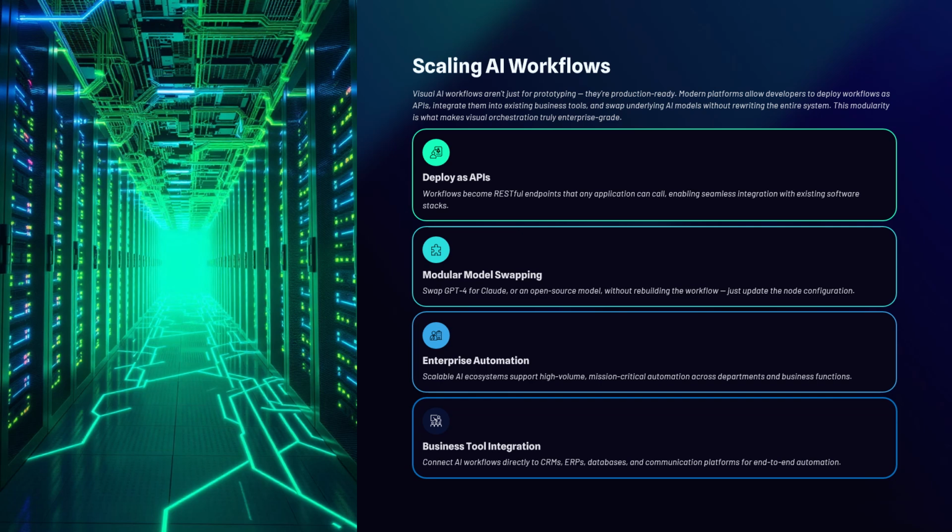One of the biggest advantages is flexibility. You can replace models like GPT-4 with Claude or even open source models without rebuilding the entire workflow. These systems also integrate directly with CRMs, ERPs, databases, and communication platforms, enabling enterprise-wide automation. This modular and scalable design is what makes visual AI orchestration truly enterprise ready.